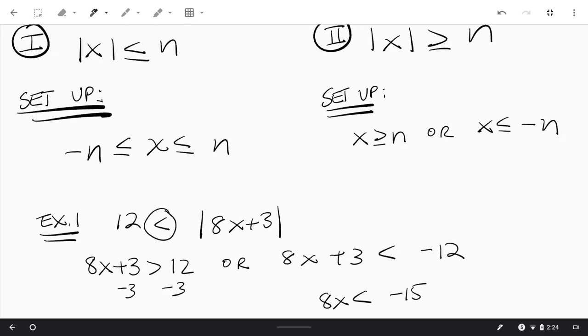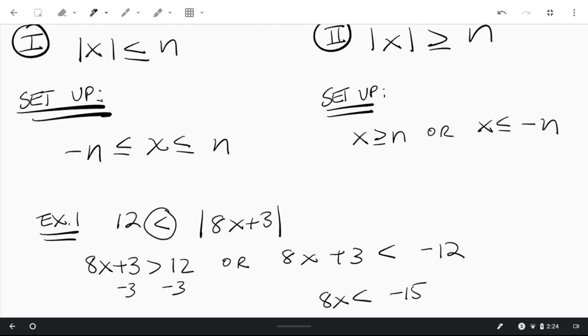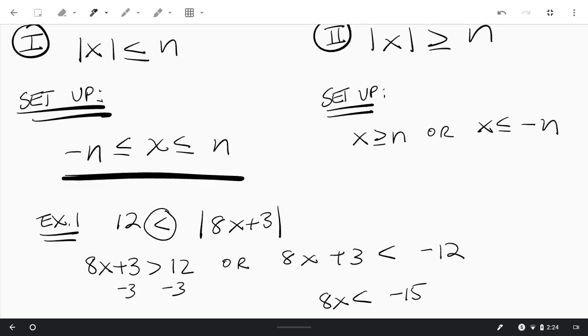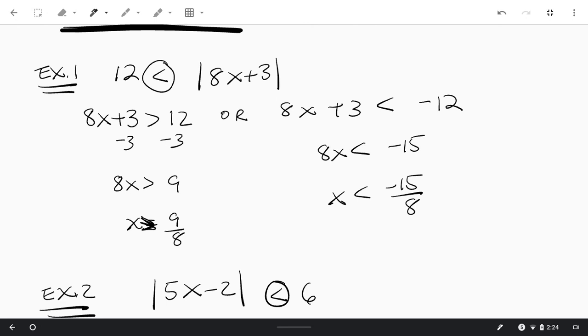Absolute value is less than n. Okay, so when we set it up, it's going to be this sort of in-between statement right here. All right, let's scroll back down to the problem.